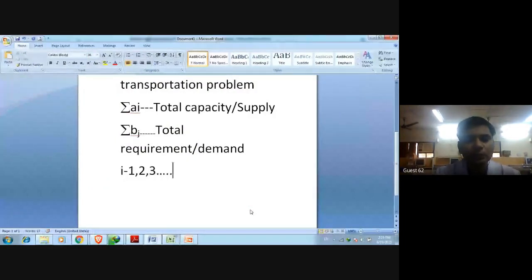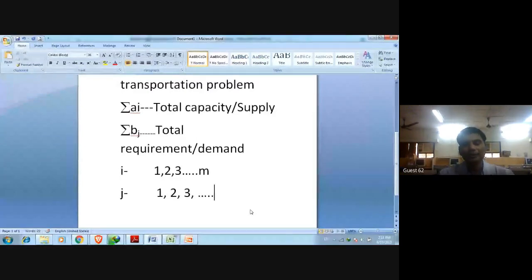These are your m number of sources. And what about j? j also goes from 1 up to n. So this represents your total number of destinations.